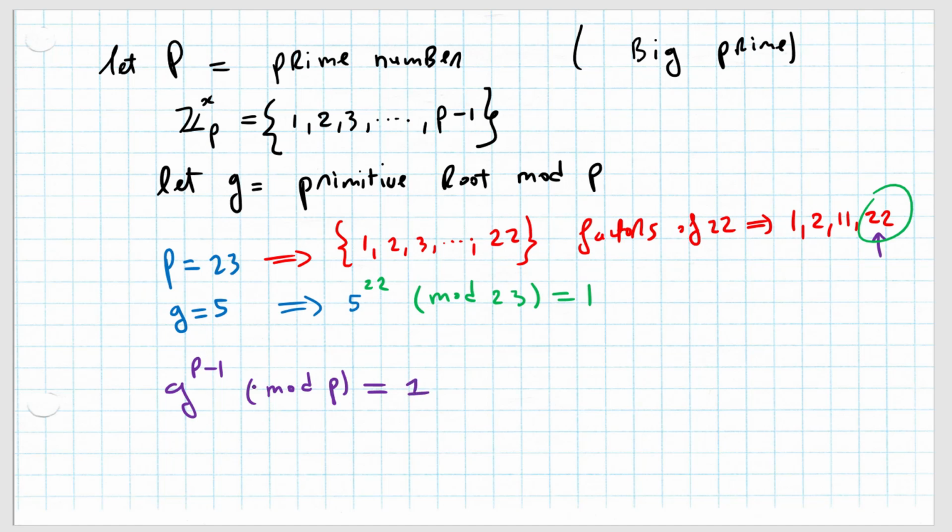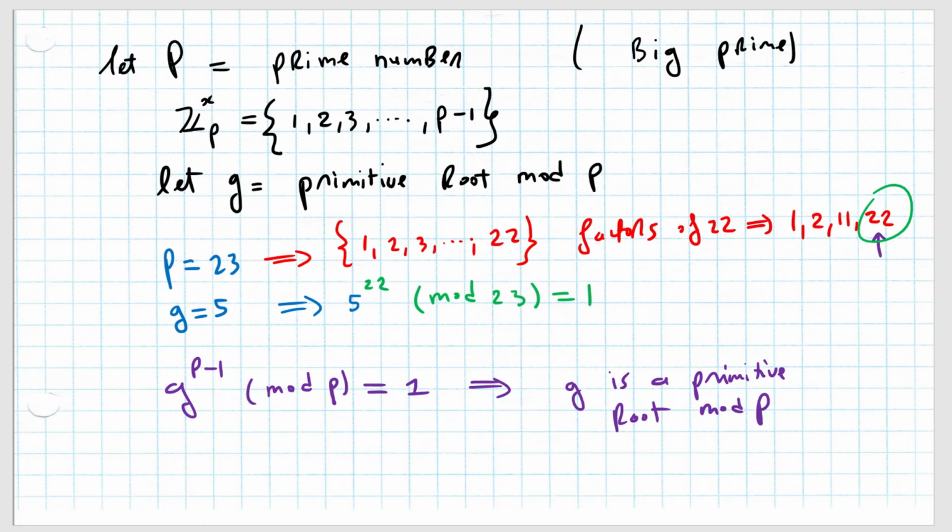You just take P minus 1, you raise G to the power P minus 1, and if you get 1, that means G is a primitive root mod P. Does it make sense?